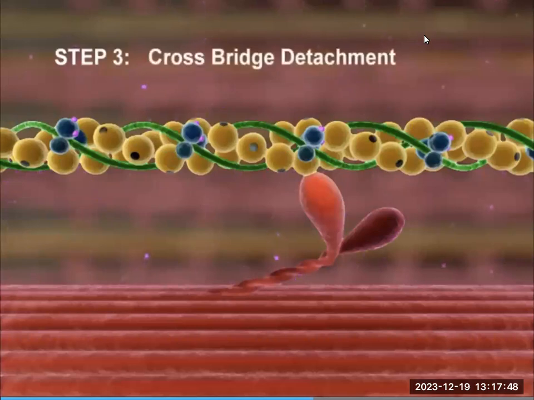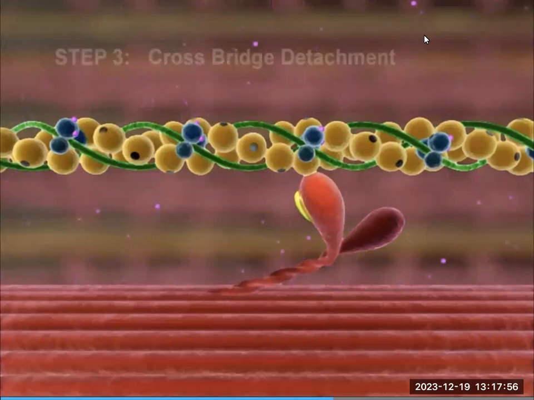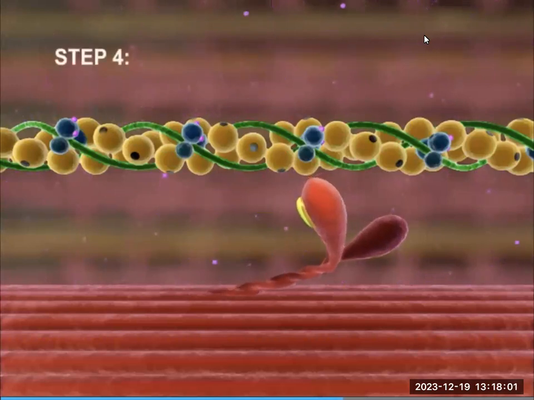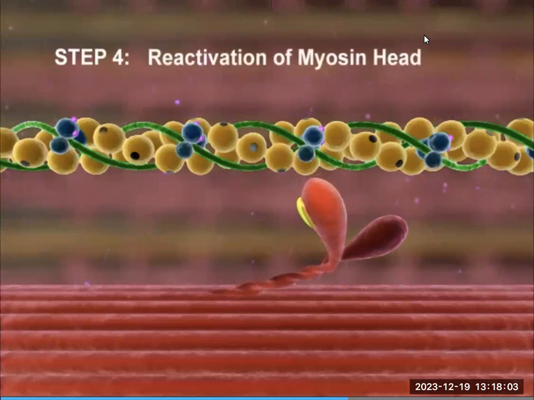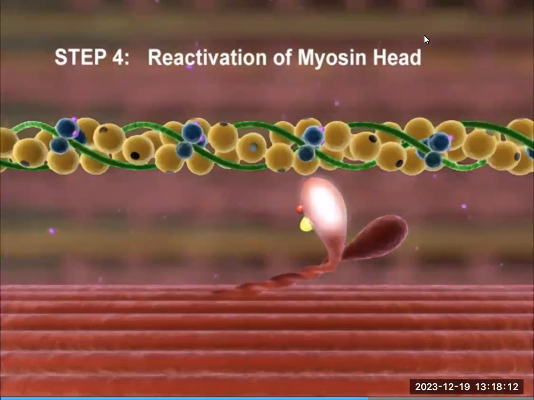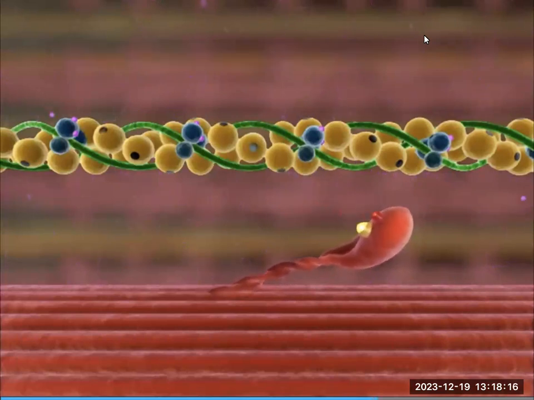Step 3, cross bridge detachment. We need that new ATP molecule to come in and bind to the myosin head to allow that detachment to happen. Then we have to reactivate that myosin head. So we break down that ATP to ADP plus phosphate, which re-energizes that myosin head and puts it back into its starting position.